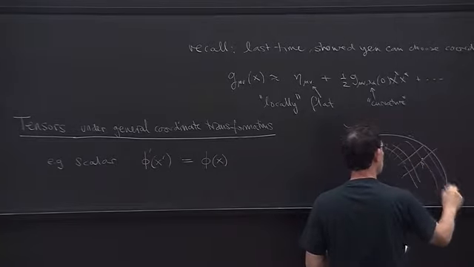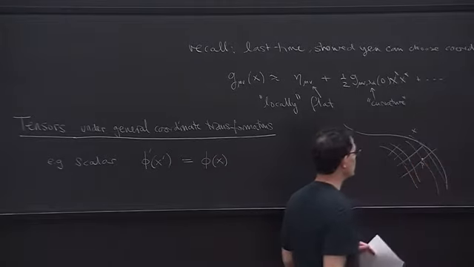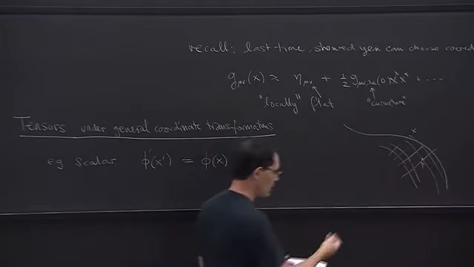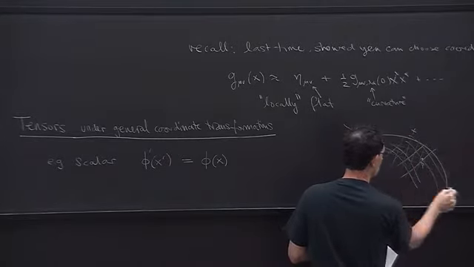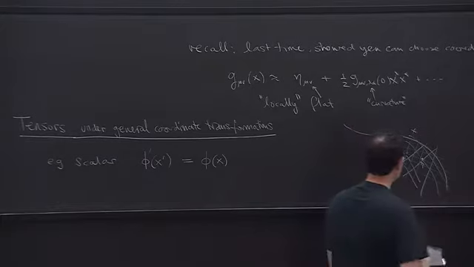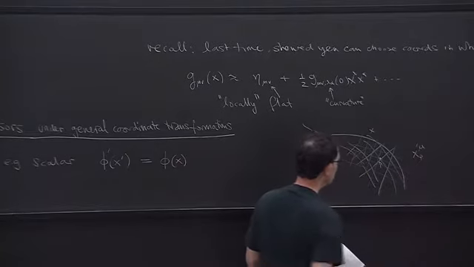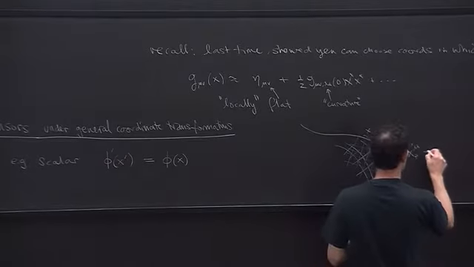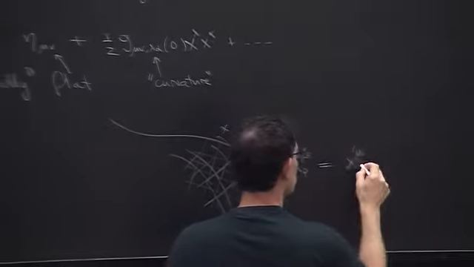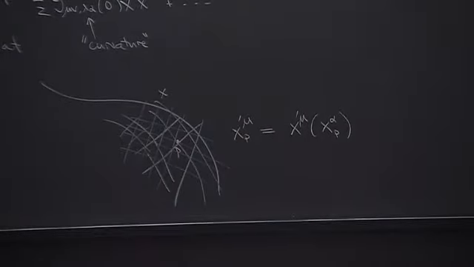We describe the point P using some particular coordinates, the X coordinates, but if I change coordinates to X prime, then the coordinates of P in the coordinate system X prime are just equal to this function of the old coordinates and the coordinate values of the point P in the old coordinates.